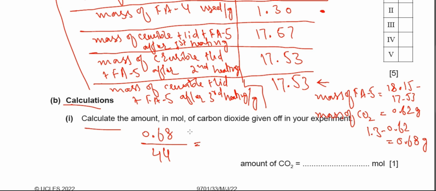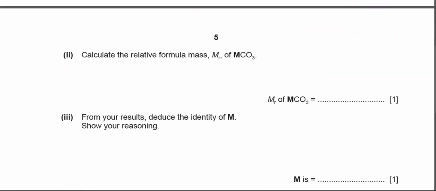The answer we got is 0.015. I'm rounding it off, but I will use all of the values on my calculator, I'm not going to round off the values on my calculator. I'm going to continue with the complete value that is obtained from here. So keep that in mind. This will give you more accurate results.